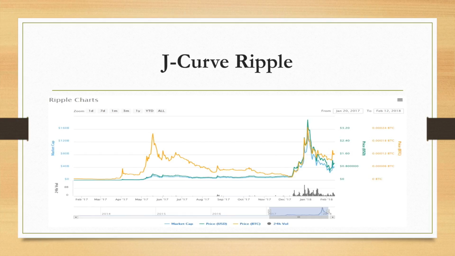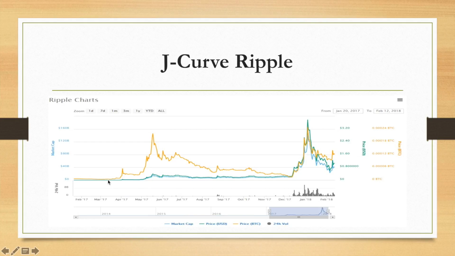Looking at another coin that we saw a massive J curve in, the past two J curve times were in April, May, June of 2017, and then also December into January of 17-18. This is when we first saw Ethereum go crazy, and Bitcoin go from like $200 to $2,000.